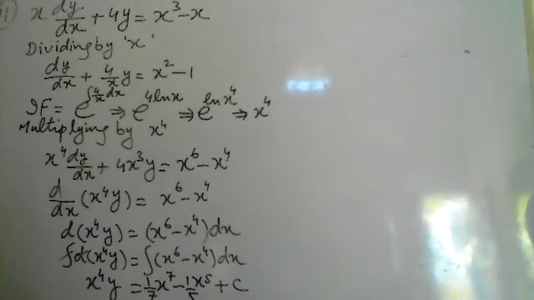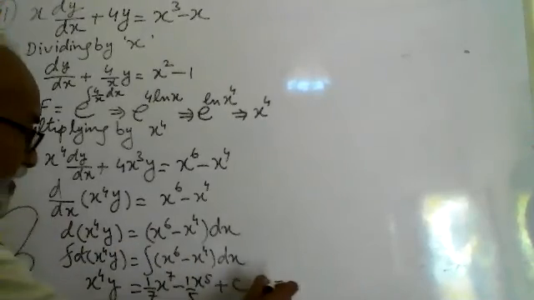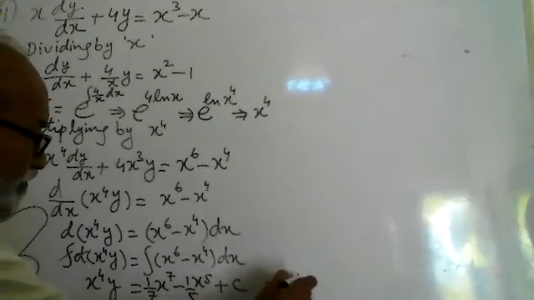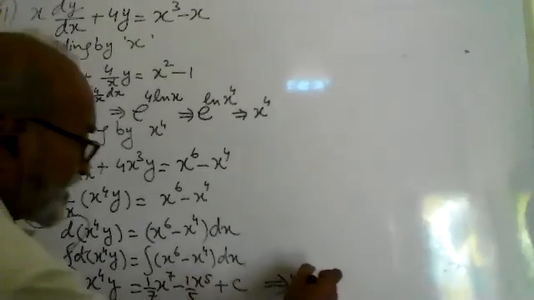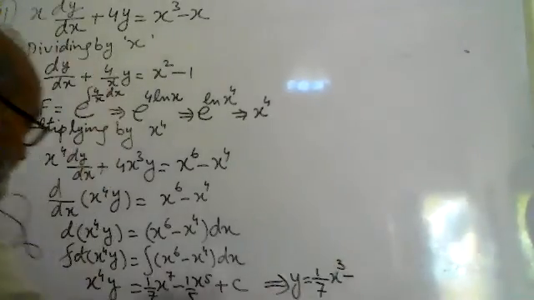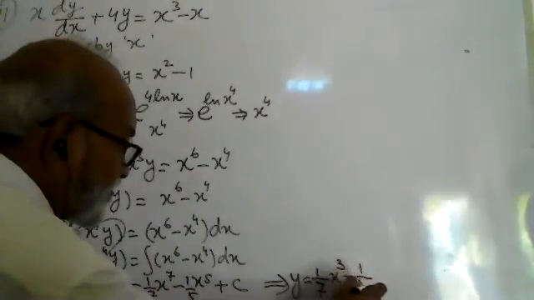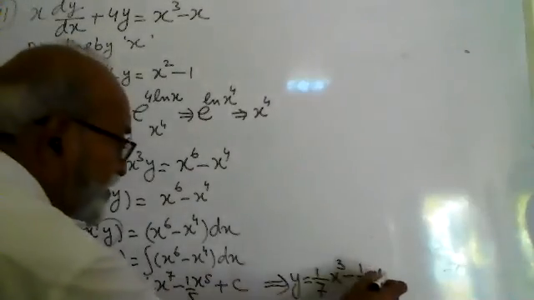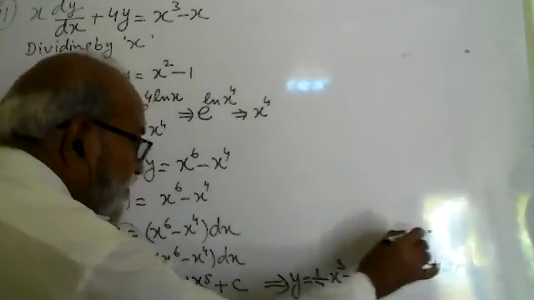If we divide by x⁴, it becomes y equals 1/7 x³ minus 1/5 x plus c x⁻⁴.